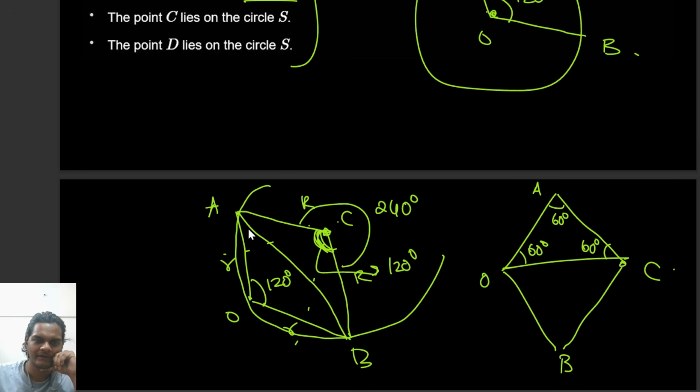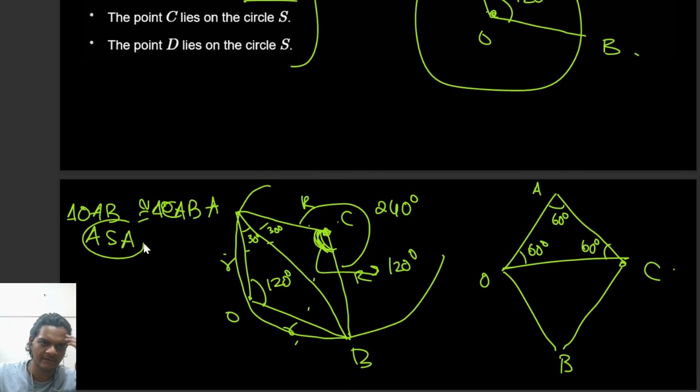Therefore, obviously this is 30 degrees, this is 30 degrees. So this will work. Why are these two congruent, by the way? Triangle OAB is congruent to CAB. Why? This happens because of ASA, right? These two angles are same, and then something else you can figure out. These two angles are same, especially because isosceles. Anyway, so this is true.